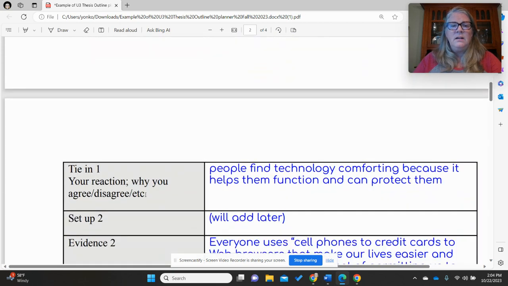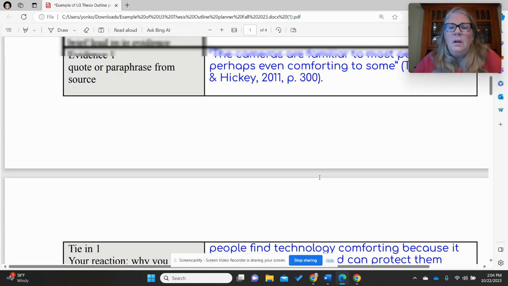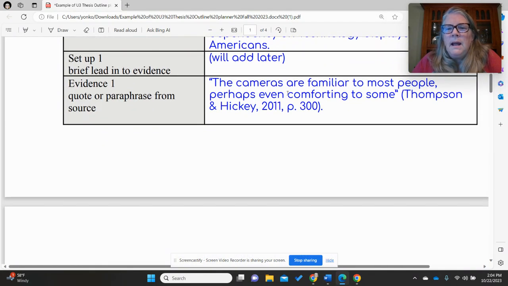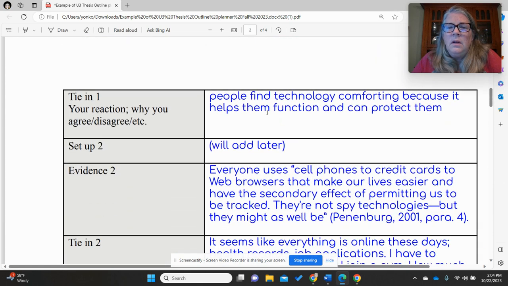This tie-in here is basically going to explain why they agree, all right? So dependency. The other thing that might happen in your tie-in is you'll pick up on some language from the quote. So like this idea of comforting. So people find technology comforting because it helps them function and can protect them.